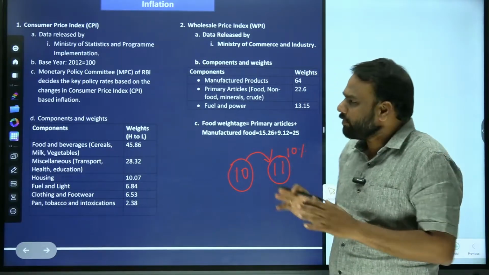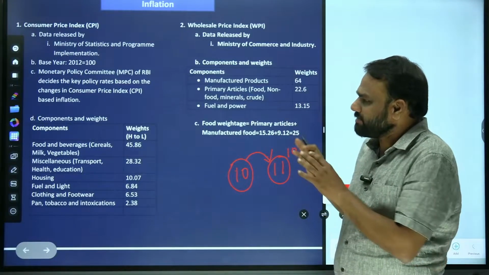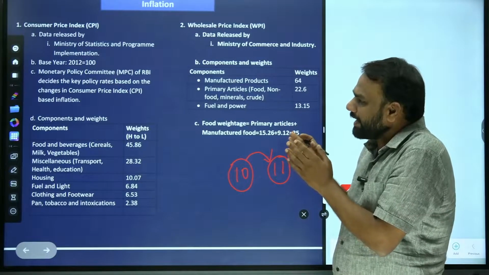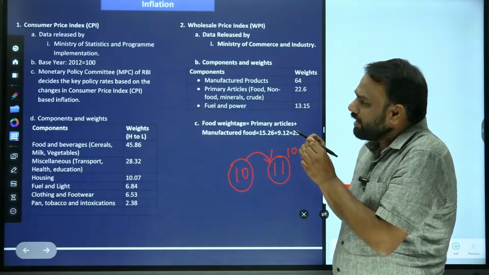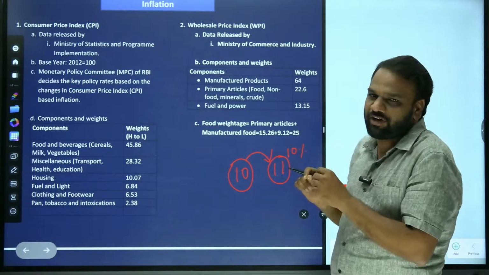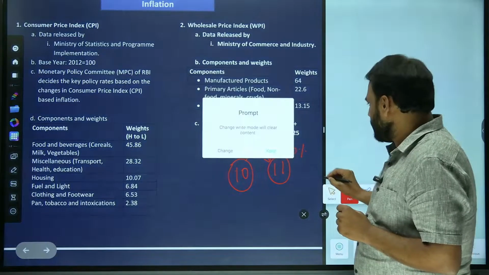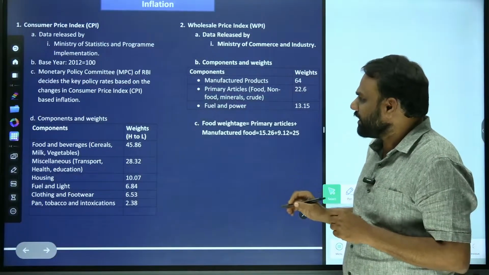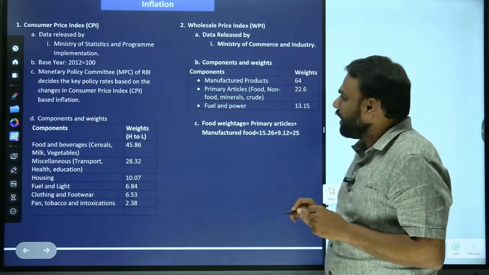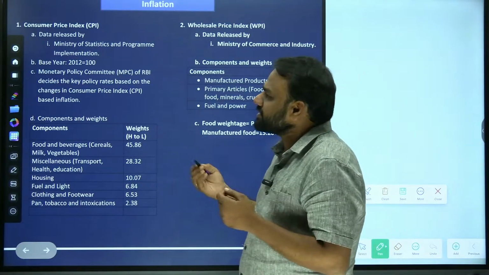From the exam point of view, we have compiled these things. This much information would be sufficient to tackle any kind of question which appears on inflation with respect to consumer price and wholesale price index based inflation. So what are the important things here? The first thing we need to understand is who releases this data.